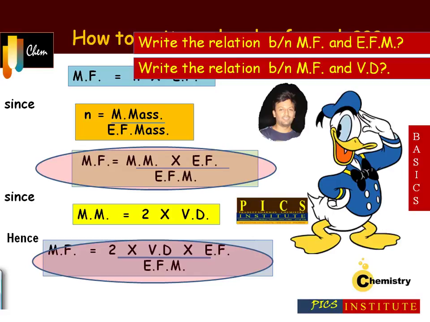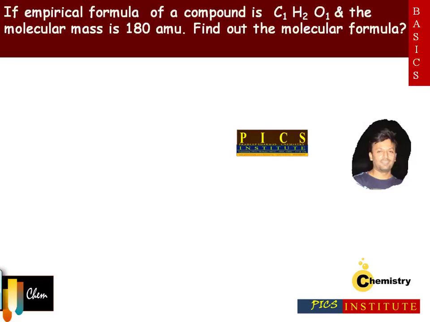So now let's use the term molecular formula. How can we find out molecular formula? In this question we can see that empirical formula is given, C1H2O1, and the molecular mass is 180 AMU.